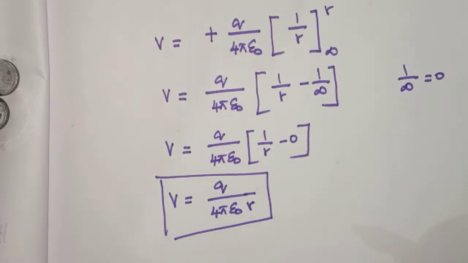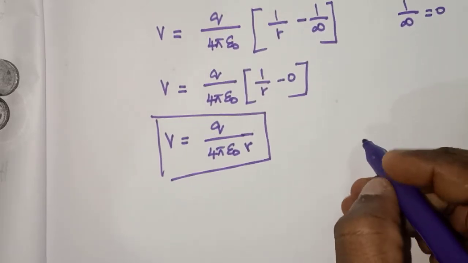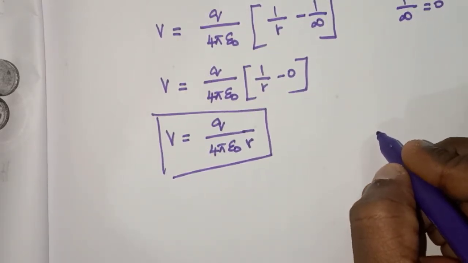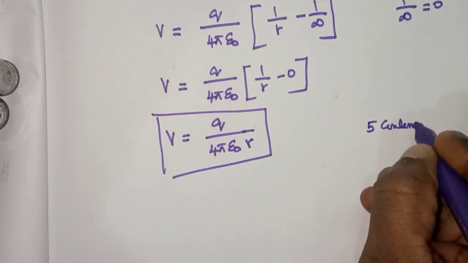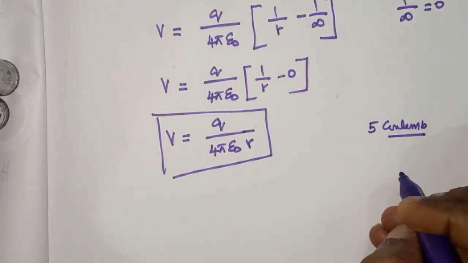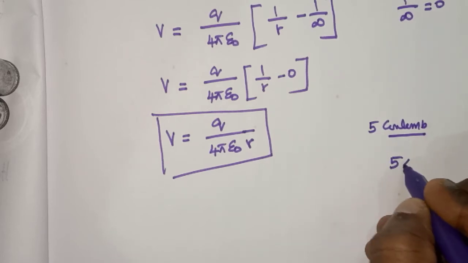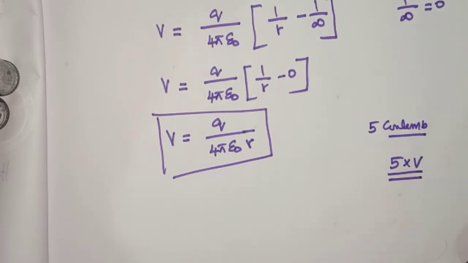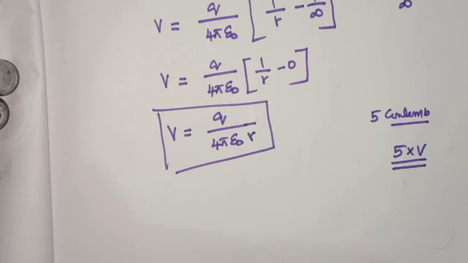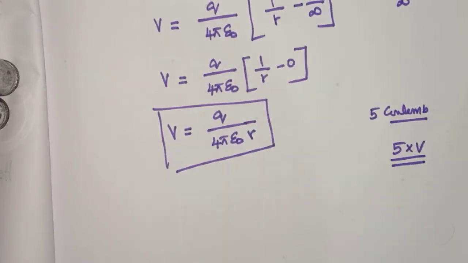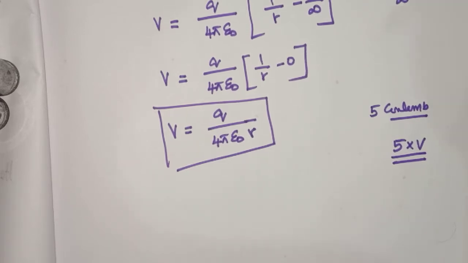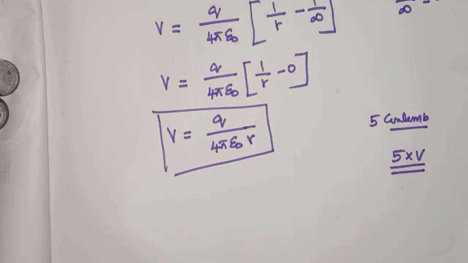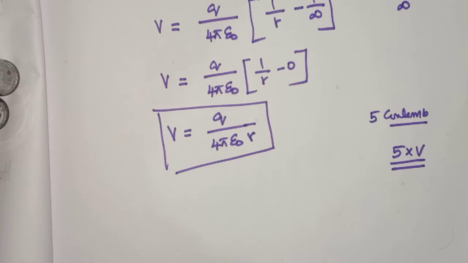That means, suppose we have to calculate the energy for 5 coulomb. What is it? 5 into V. We can simply calculate. So we can easily calculate using the mathematics, energy concept into potential concept. This is very important.